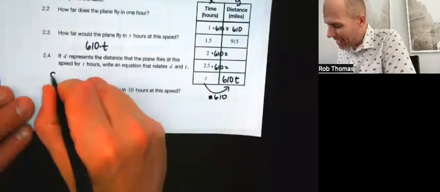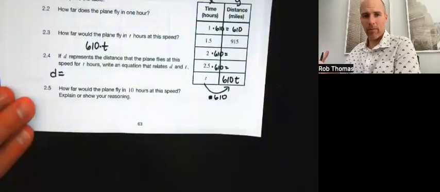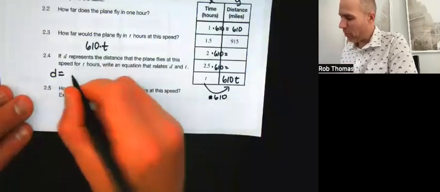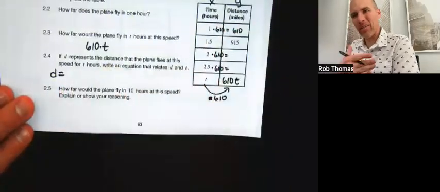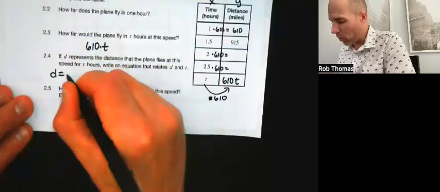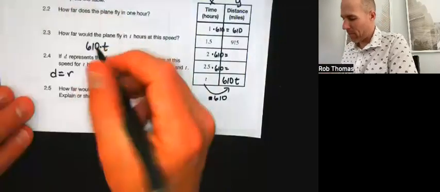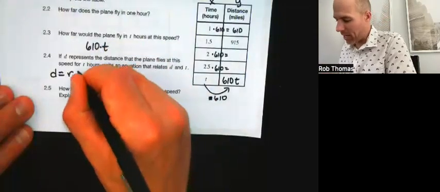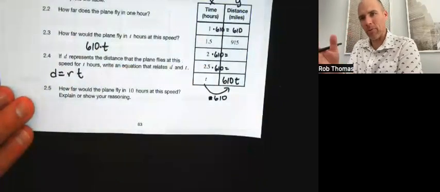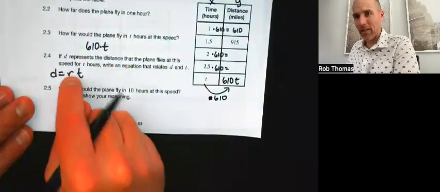If you want to know the distance that something goes, if it's going a constant speed the whole time, then take that speed, which we could use S for speed, but I don't like using S. So I'm going to use R for rate. Same thing, right? It's rate of speed, I guess you could say, times its time. And I could put a dot for times, but you don't need it. If you just put a letter next to anything with nothing in between, it means multiplication. So the distance something goes is equal to its rate times its time.